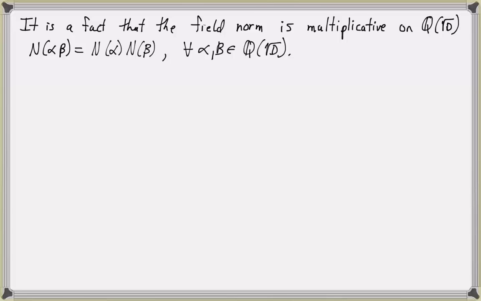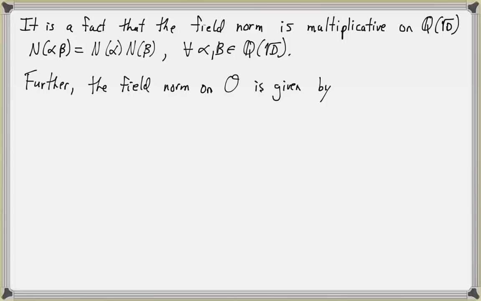And it can also be demonstrated that the field norm, when applied to elements of the quadratic integer rings, is given by the following formula. So further, the field norm on the ring of quadratic integers is given by the following formula.